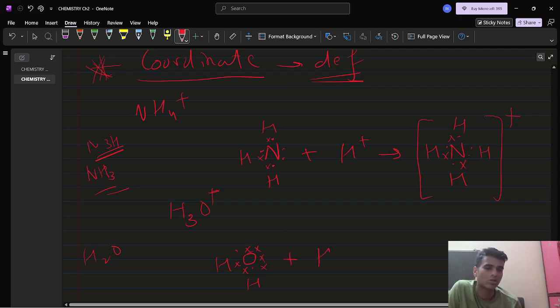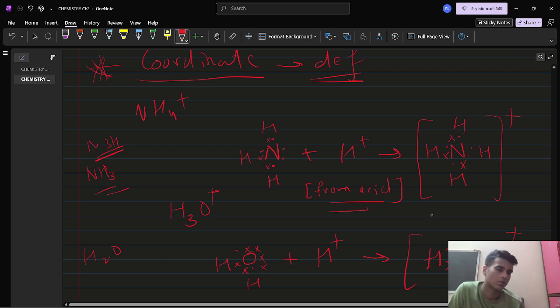Now when this combines again with H plus, either from acid, you can write it here if you want, it's okay if you don't, this will form H3O plus. Again, both of these should be crosses.